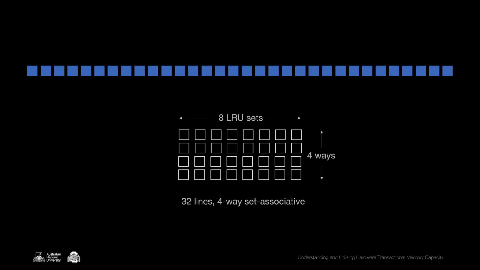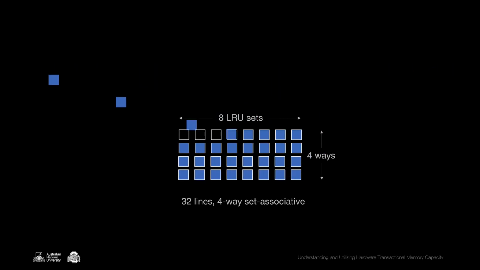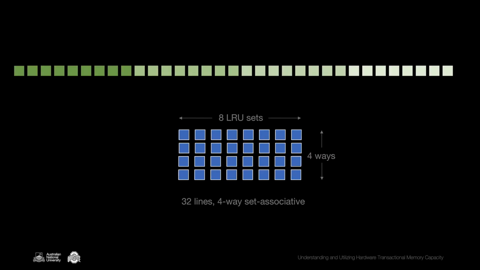Now, what if we have a set associative cache with an LRU replacement policy? Again, when we sequentially read some contiguous memory, the cache will be filled, and the cache lines are distributed among the cache sets. With the cache filled with pre-existing data in blue, again, let's see what will happen when executing a transaction of 33 lines.